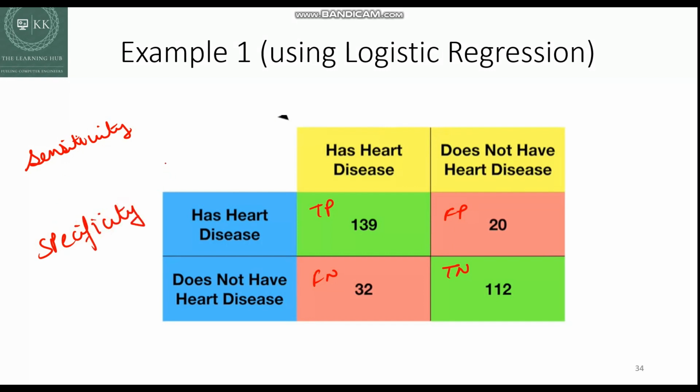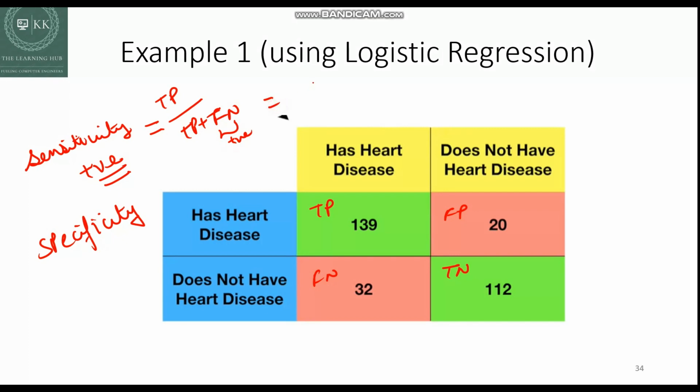We know that sensitivity works on positive values, so it is true positive divided by true positive plus false negative, which is actually positive.